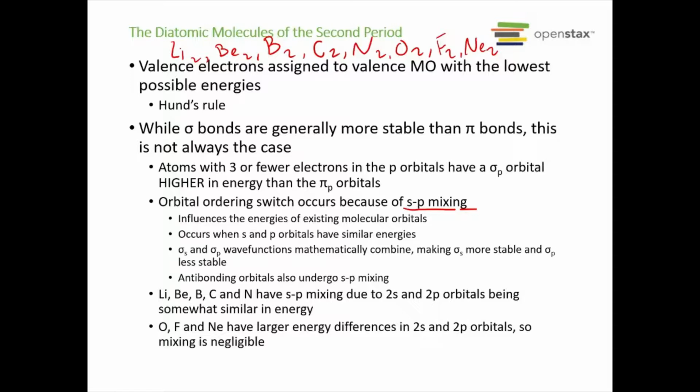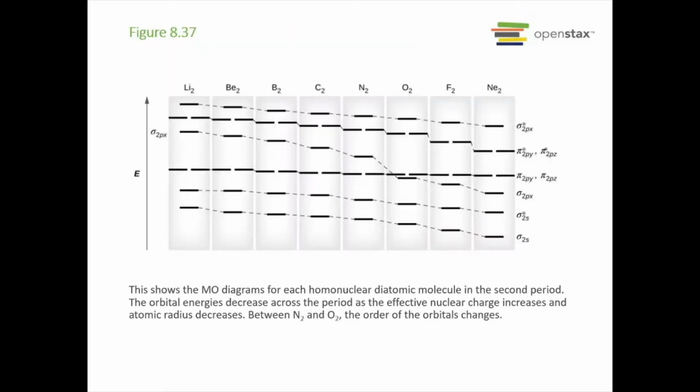So lithium, beryllium, boron, carbon, and nitrogen all have sp mixing because the 2s and the 2p orbitals are somewhat similar in energy. However, oxygen, fluorine, and neon have a larger energy difference between 2s and 2p, so the mixing is negligible and it goes back to the original order that we would think would happen with our bond orders.